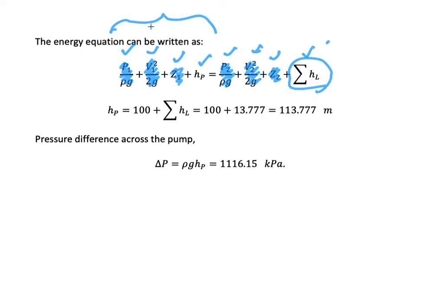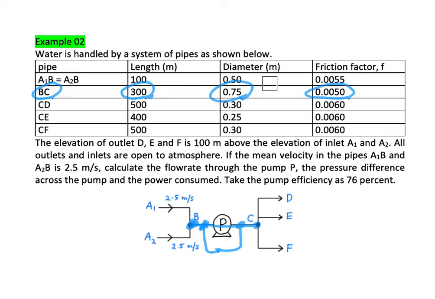Okay, I'm sorry. We cannot cancel the Z here because, as mentioned in the question, we have the 100-meter height here. So the Z we just compare from this point to this point.